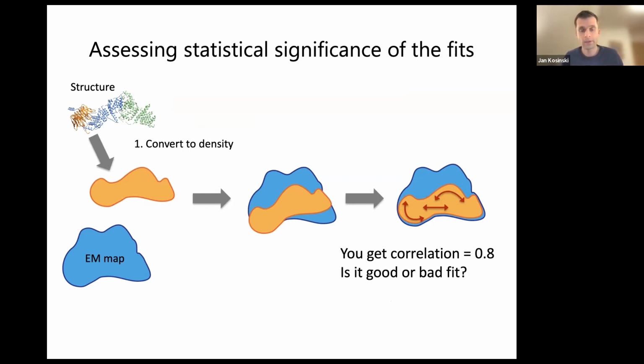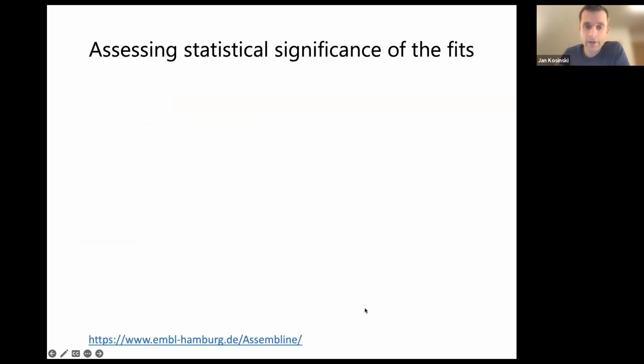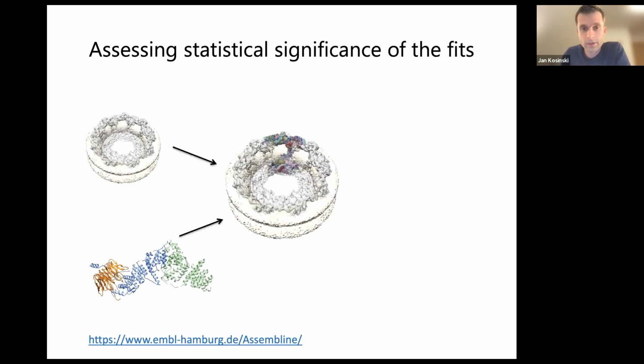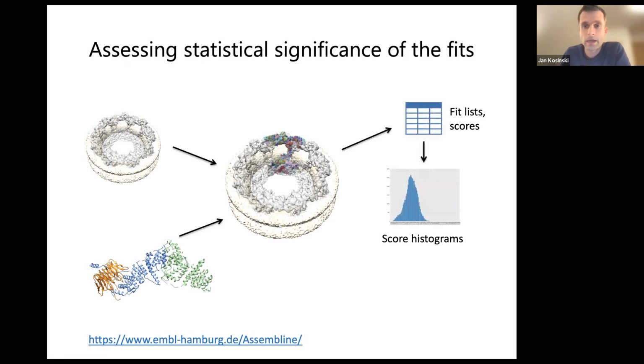For Assembline to use those fits later, we use another trick: we convert these correlation values to p-values that are more comparable with each other. For that, we assess the statistical significance of the fits. We take the map and the structure, and we run our fitting program with Chimera to create the distribution of fits: fit lists, scores, and score histograms.